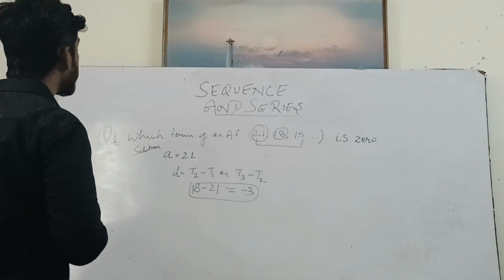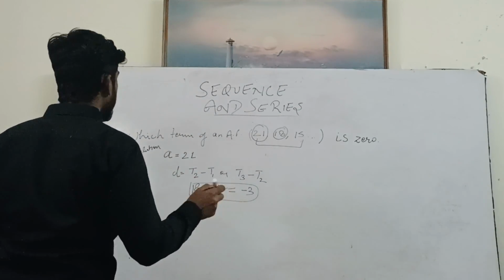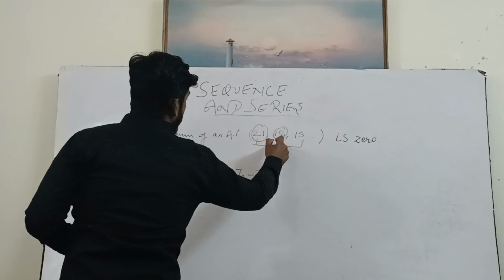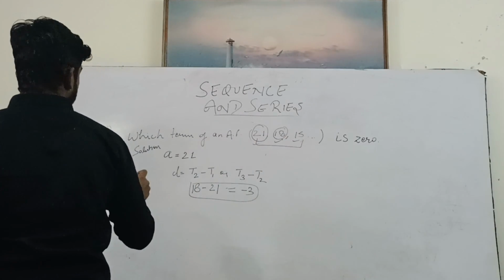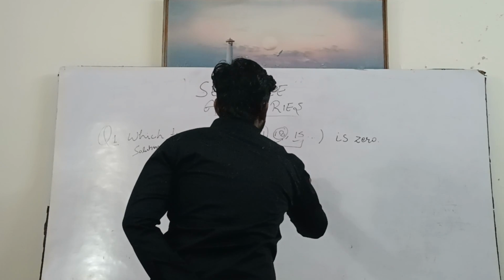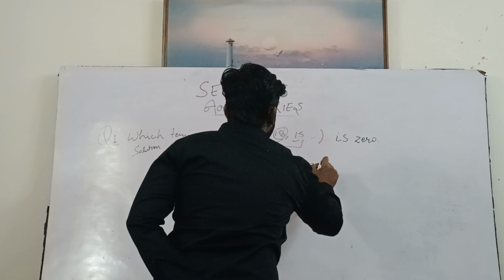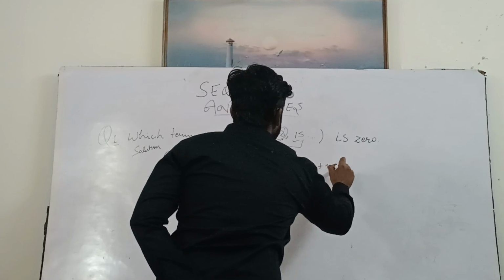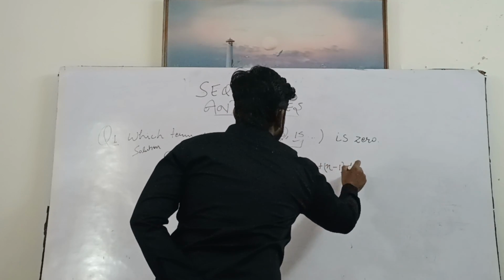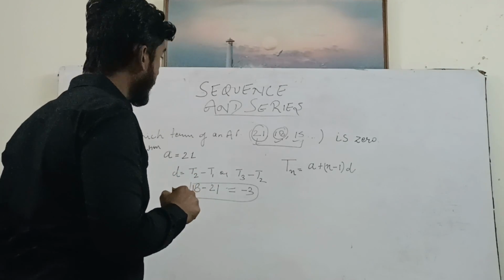Now they are asking which term of an AP is 0. So we know that T1 here is 21, T2 is 18, T3 is 15. So if I write down the formula for the general term, I can say that Tn is equal to a plus (n minus 1) into d. Clear?